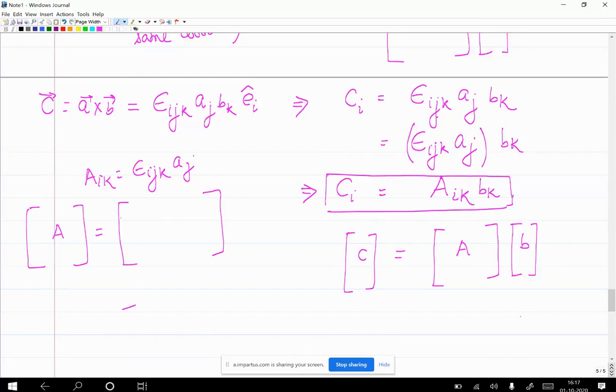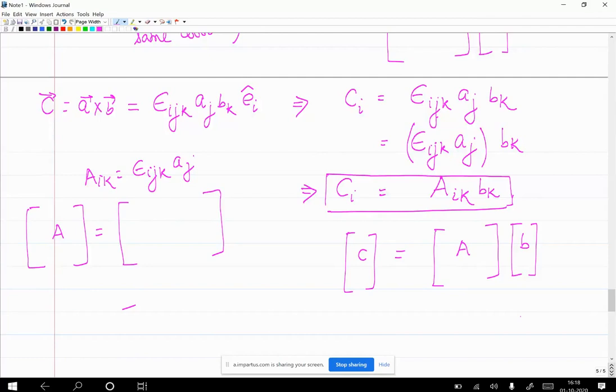So what will be A11, for example? Put i equal to 1 and k equal to 1. What will you get? Can you see what I am going to get? Diagonal matrix?